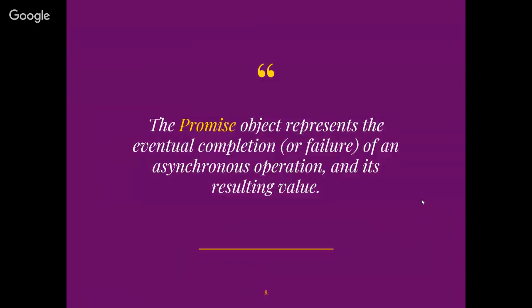And here's the definition. Now remember, the promise is just an object. Remember that objects have properties and methods. So as an object, promises represent the eventual completion or failure, of course, of an asynchronous operation and its resulting value.